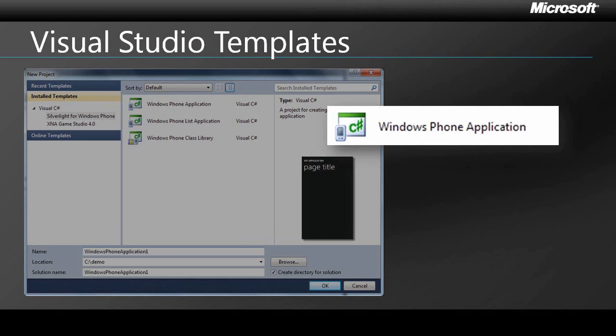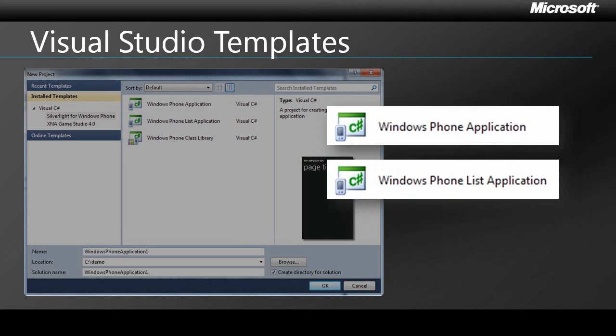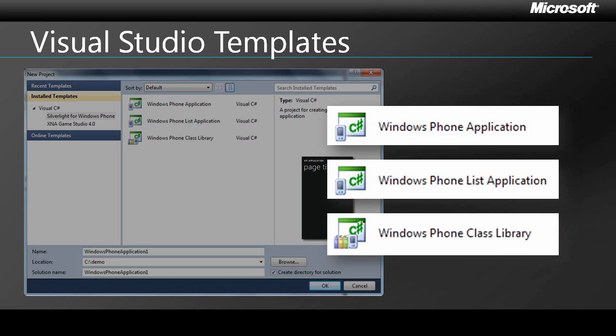Now, since many phone applications require some type of scrollable list, Microsoft has provided a template for a Windows Phone list application. This includes a touch-enabled scrollable list that can be customized to suit the needs of your specific application. Finally, and as you can probably guess, the Windows Phone class library is a good solution if you're building components for reuse across multiple Windows Phone applications.